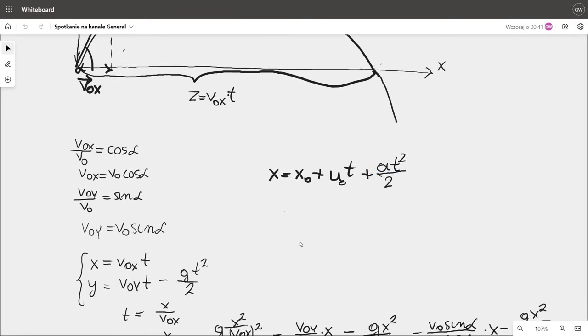We can write equations of motion independently for direction of axis x and y. To do it, we have to replace velocity vector v0 by components of this vector in the direction of axis x and y.